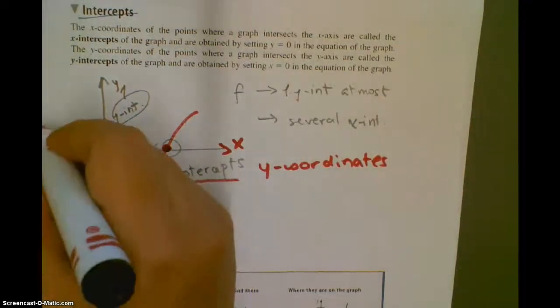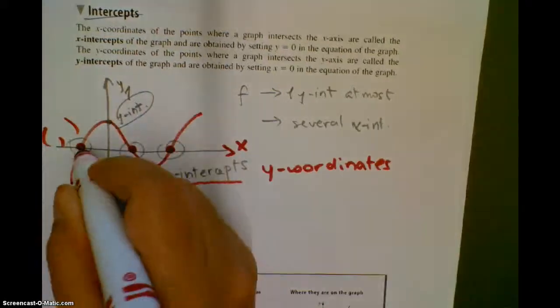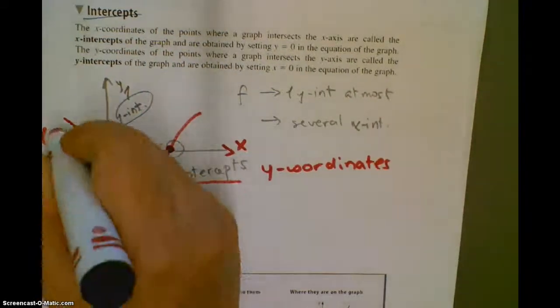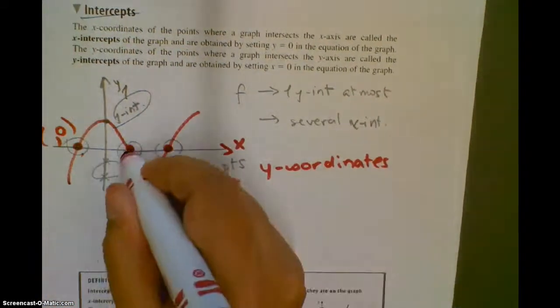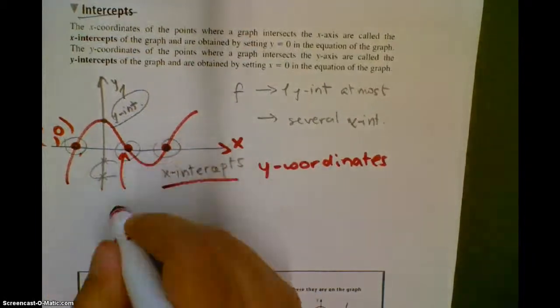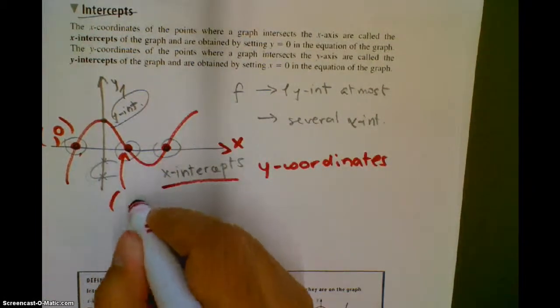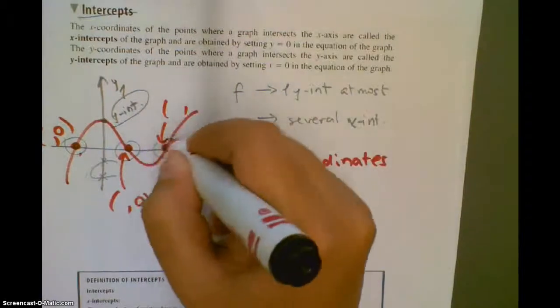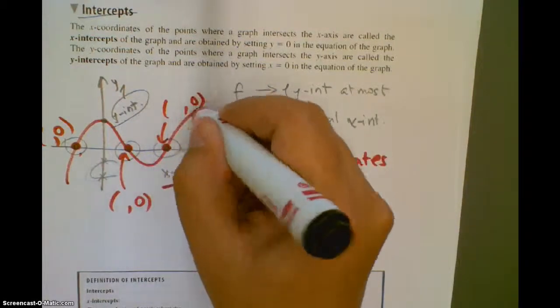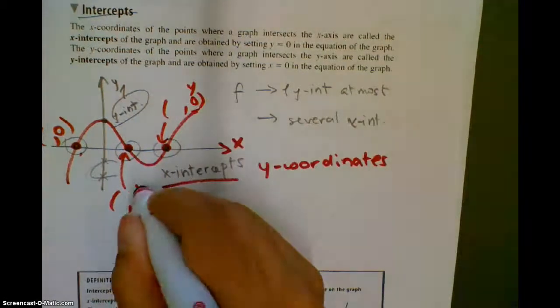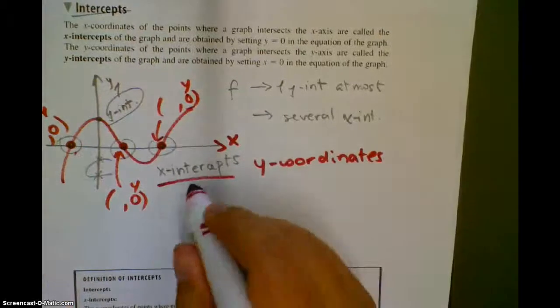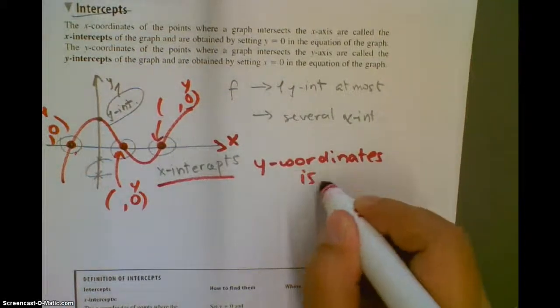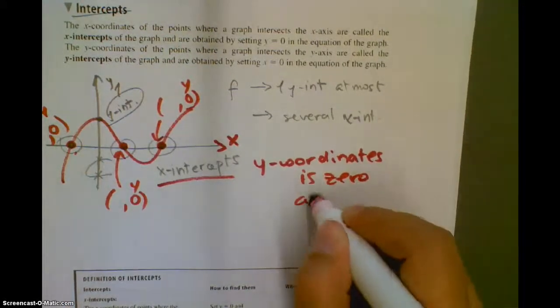If I find the coordinates of this point, I don't know the x-coordinate, but I know at least the y-coordinate is 0. The same happens here, whatever that number is, 5 or 10, I know the y-coordinate is 0 for all those points. So for x-intercepts, the y-coordinate is always 0.